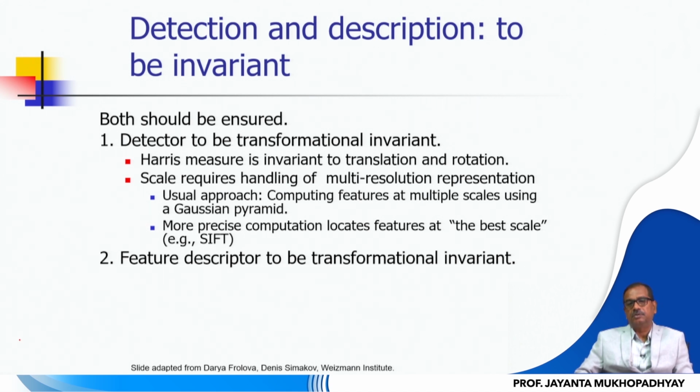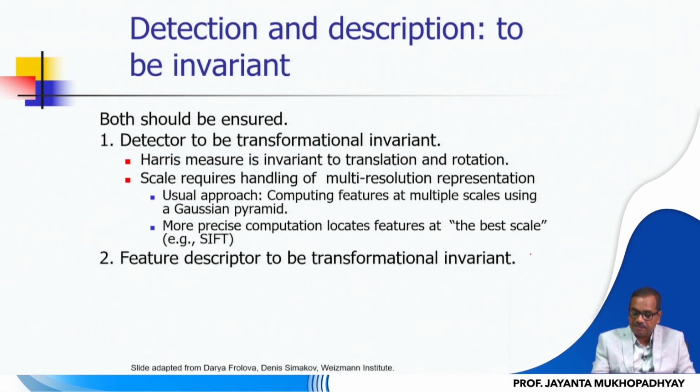Your descriptor should also be transformation invariant, because by making detection transformation invariant, you are ensuring the presence of points which have correspondences. Out of all my possible candidates, there exists at least one which will have a correspondence with the point of the base image.